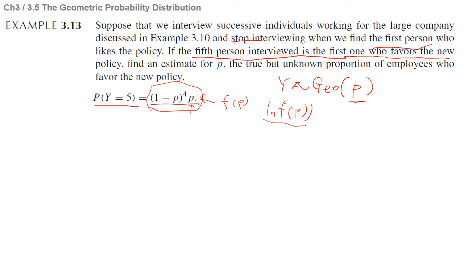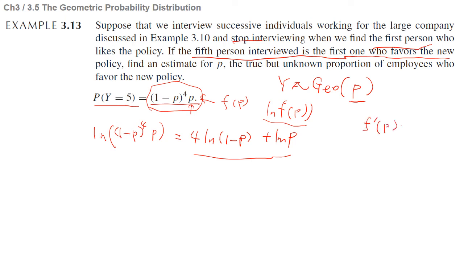So you get ln f(p), which is ln of (1 minus p) to the fourth times p, which is 4 times ln(1 minus p) plus ln p, and you take the derivative of this.